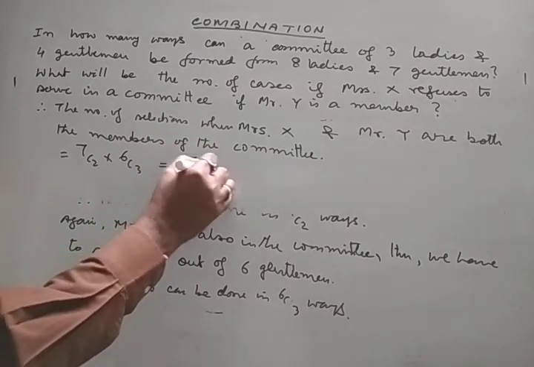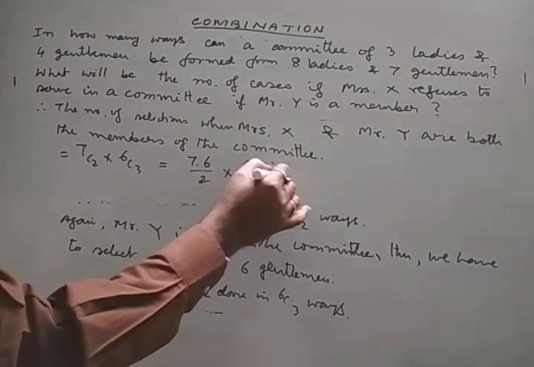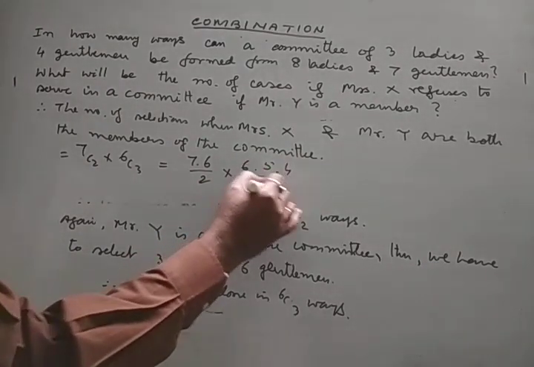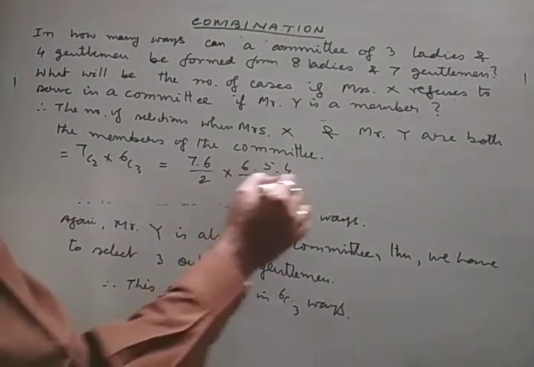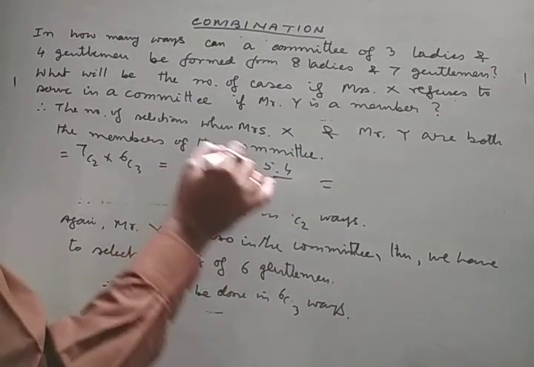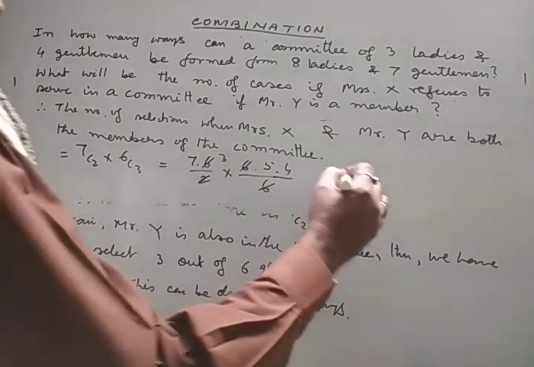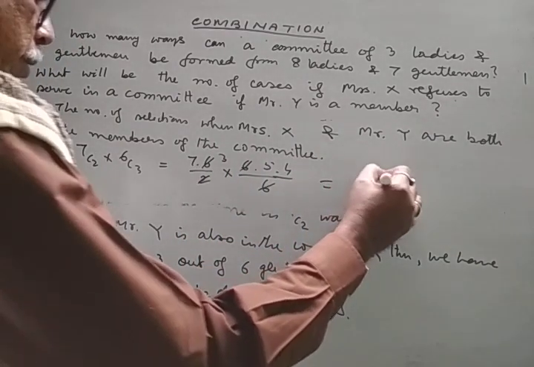So 7 into 6 by 2, 6 into 5 into 4 by 6. তাহলে কত হলো? 21 into 20, তার মানে 420, তাই না?